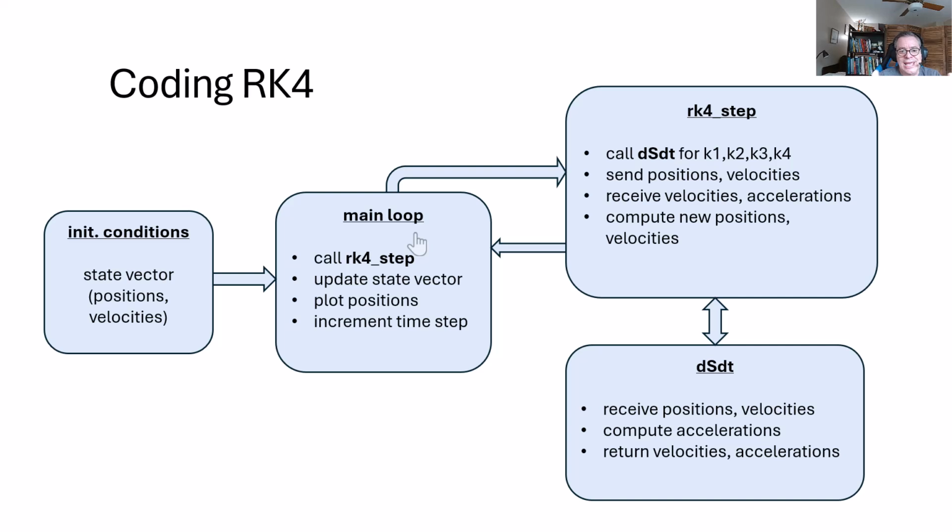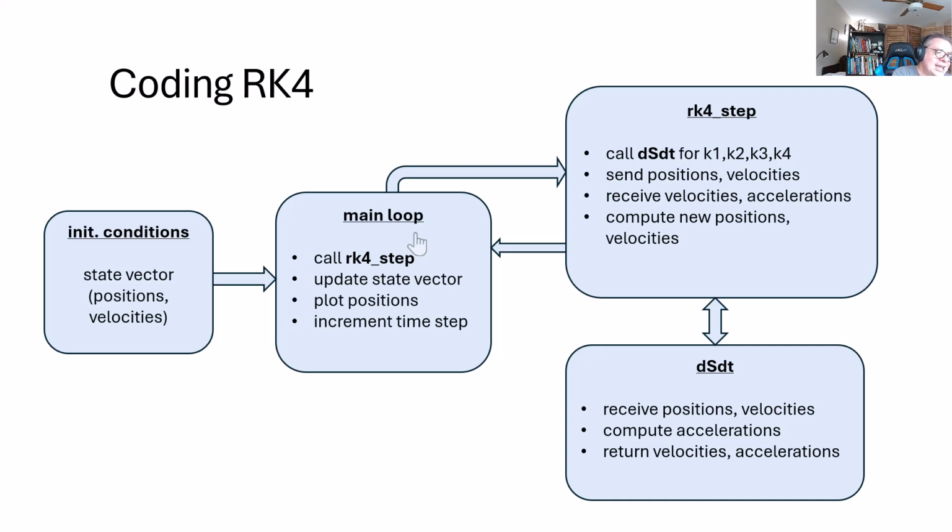It receives the updated velocities and accelerations, and then it computes new positions and new velocities stepping forward based on my time step, using the RK4 algorithm and the weighted averages of K1, K2, K3, and K4.